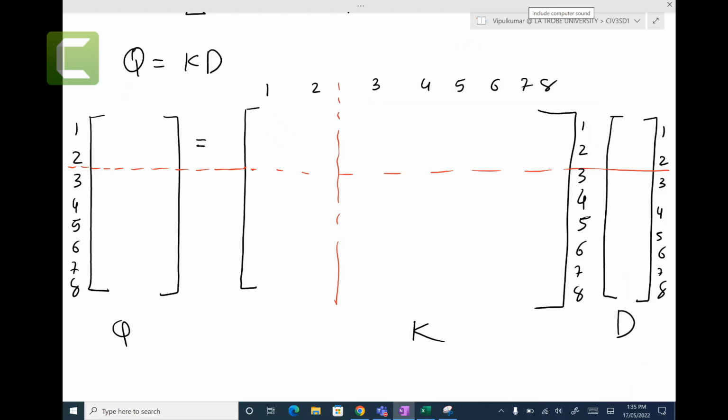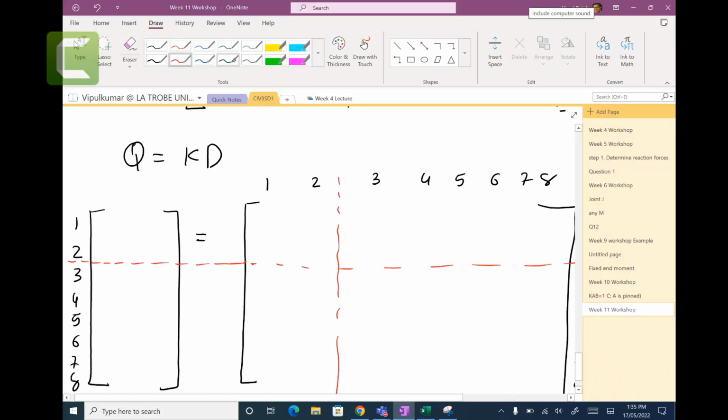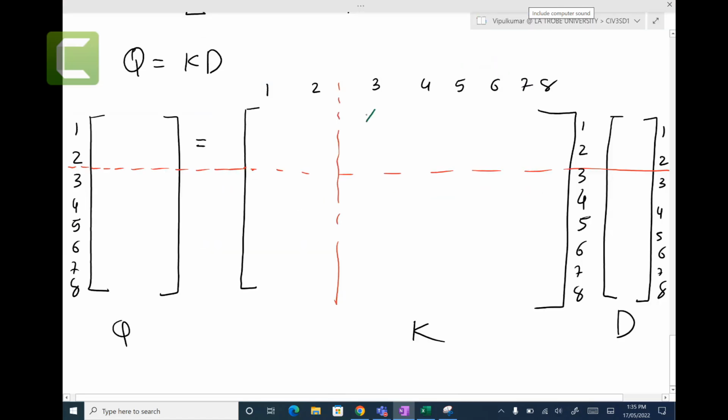You just draw the vertical, and if I have 3, you draw the line from 3. If I have 4 here, draw the line from 4. Everyone understand? Okay, now in the K, what do we need? We need just this. Sorry, we don't need this. We don't need these numbers.